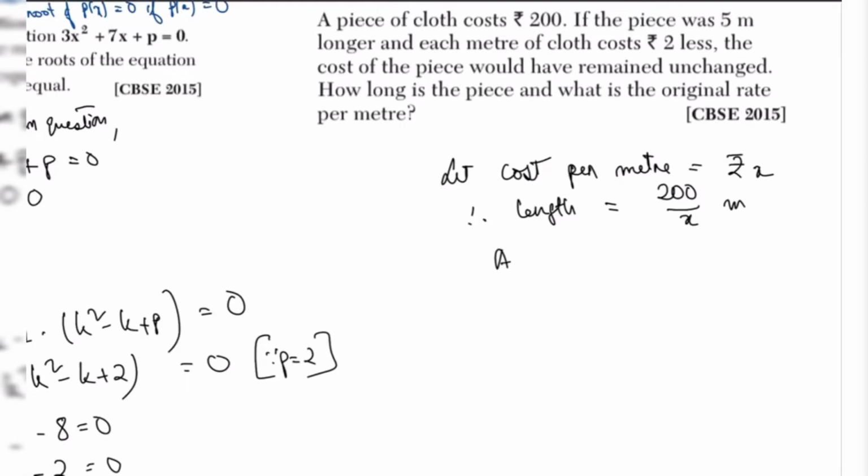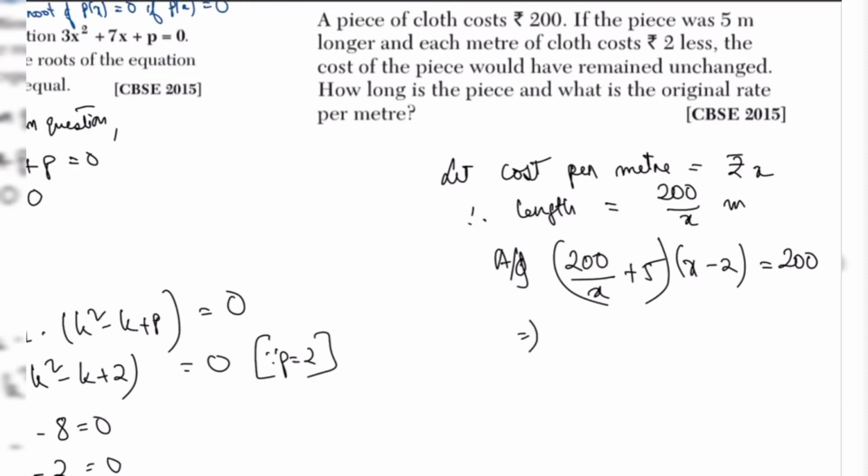So according to question, let's form the equation. 200 by x plus 5, so 5 meters longer, and per meter cost was rupees 2 less, so x minus 2. Then the cost of the piece would have remained unchanged, so it would have been 200 itself. I think at this step only we'll multiply both sides by x.